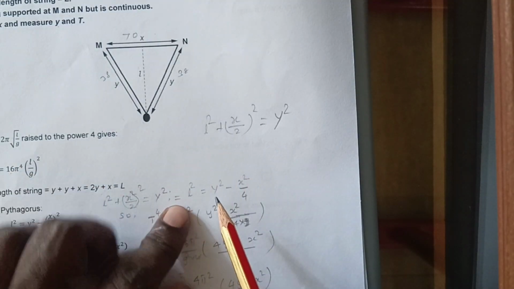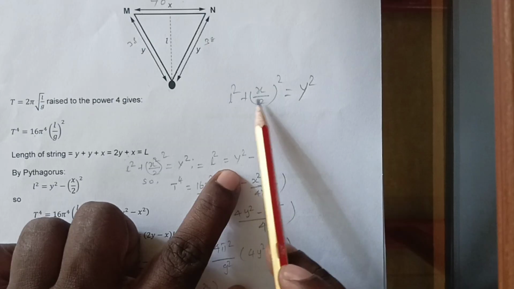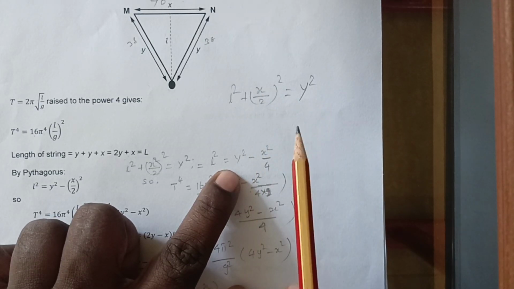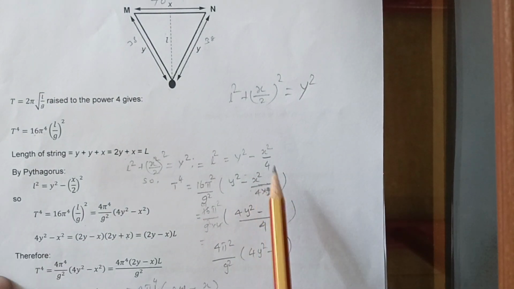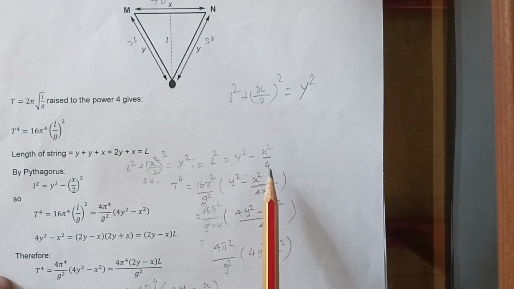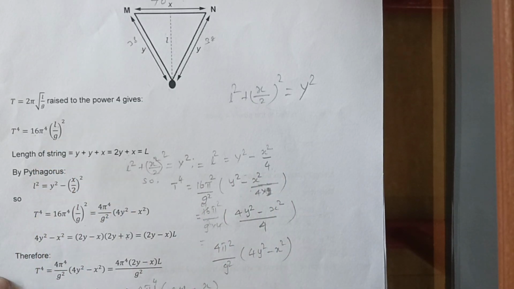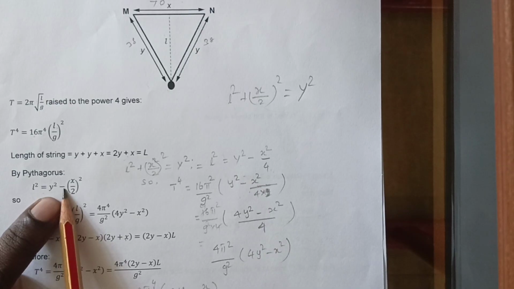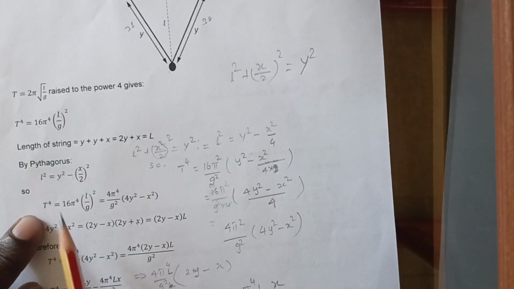So if we need L, L² equals y² minus x² by 4. You will get it likewise. So in this value you substitute here: L² equals y² minus (x by 2) whole square.